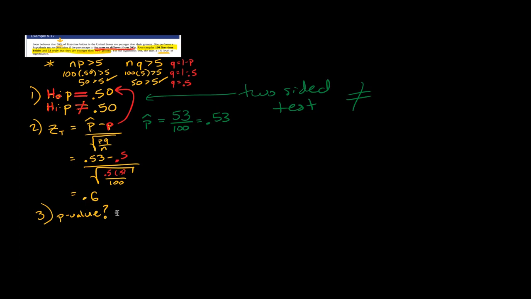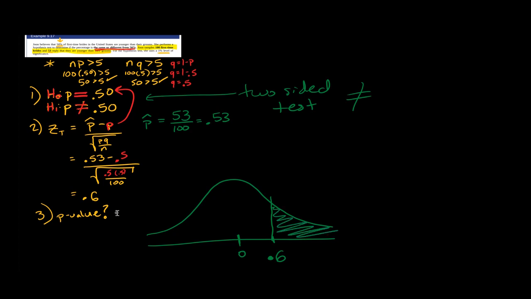When I draw out my normal distribution, here's 0, and 0.6 is somewhere above 0. What I want to know is the probability of observing a test statistic that is 0.6 or more extreme. And since it's a two-sided test, I will also want to consider the negative 0.6 option.